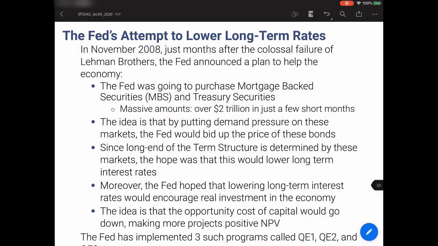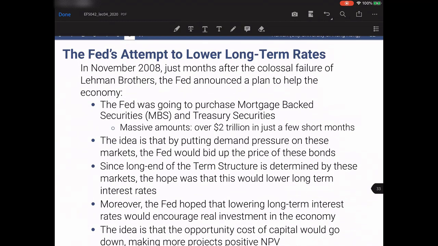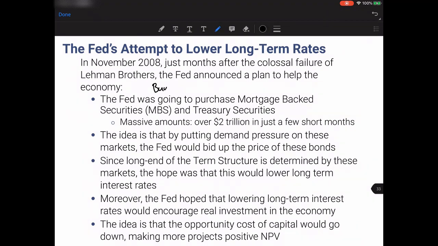So you have more cash in the system, interest rates are falling, there's more credit in the system, and therefore you should expect a counteracting effect to an economic contraction. So let me write that down here. So buying debt will lead to an increase in prices and therefore lead to a decrease in yield to maturity.